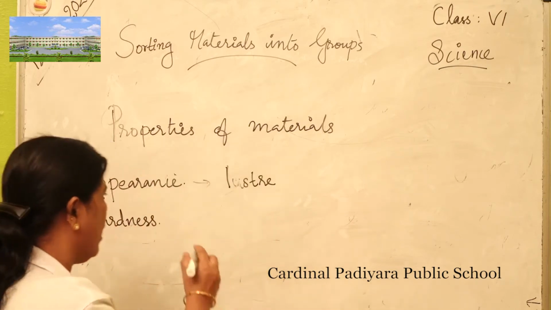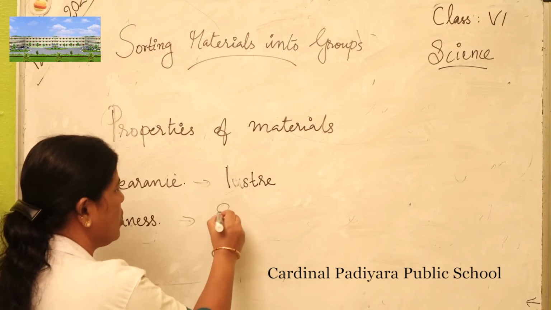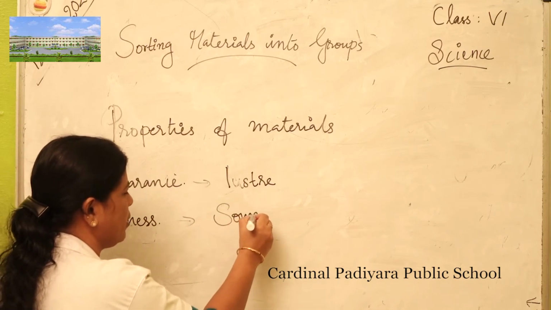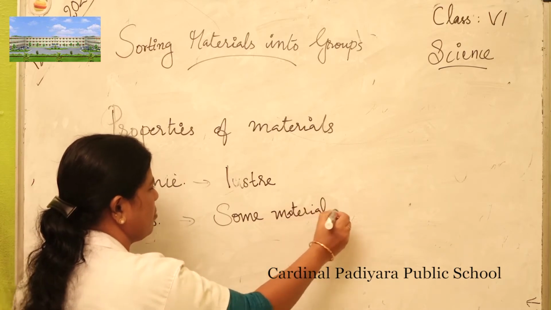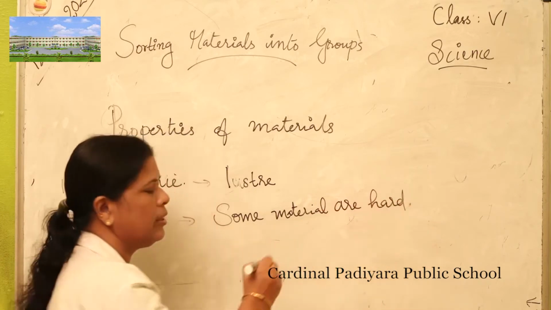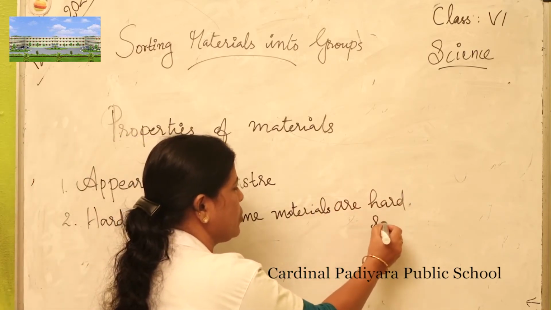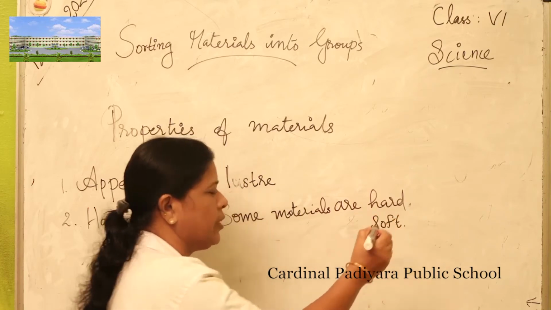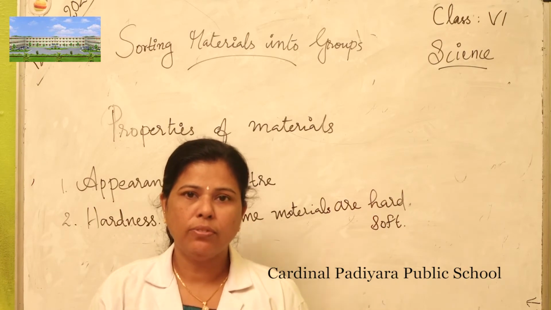So in hardness, some materials are hard and some are soft. This is the second property of materials.